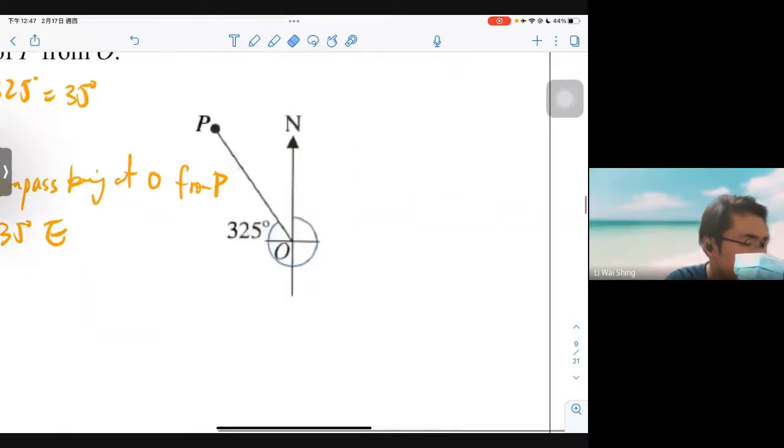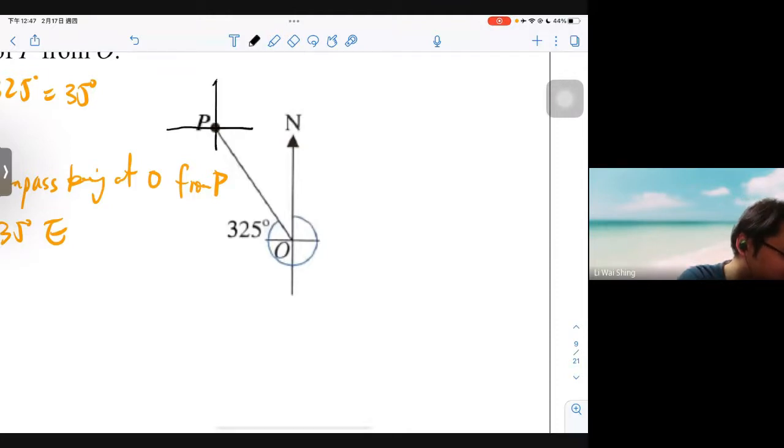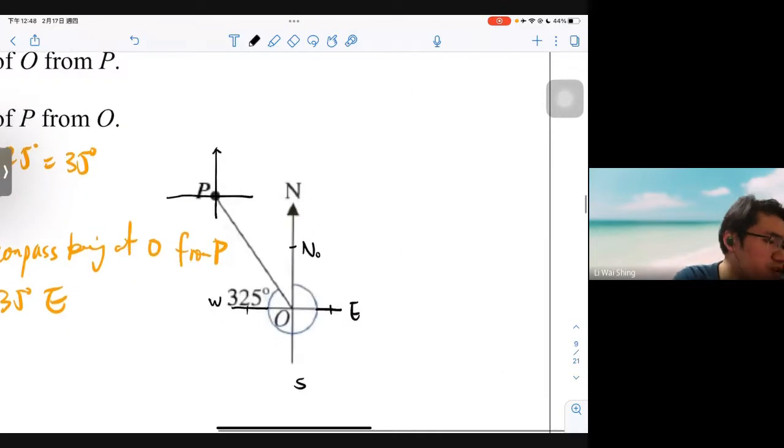Okay, so here it is also the same. Let's define the points. Okay, so this is the north of O, and O is south, west. Referring to the figure. Referring to the figure.